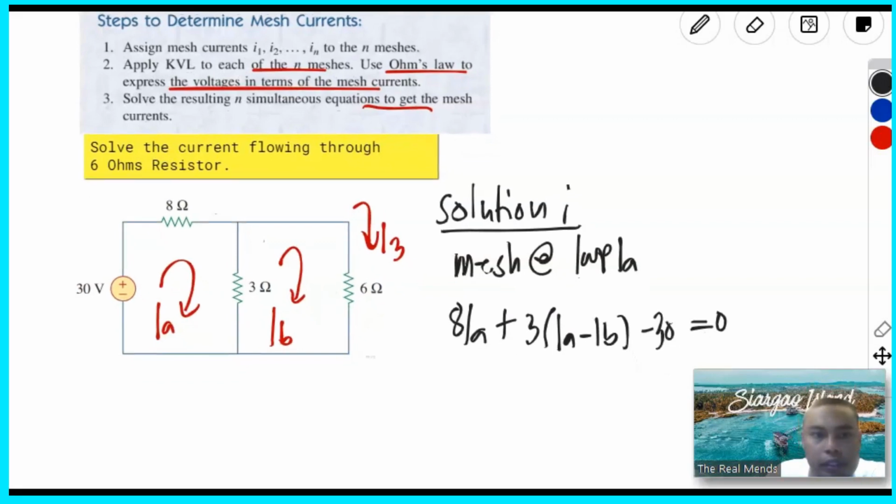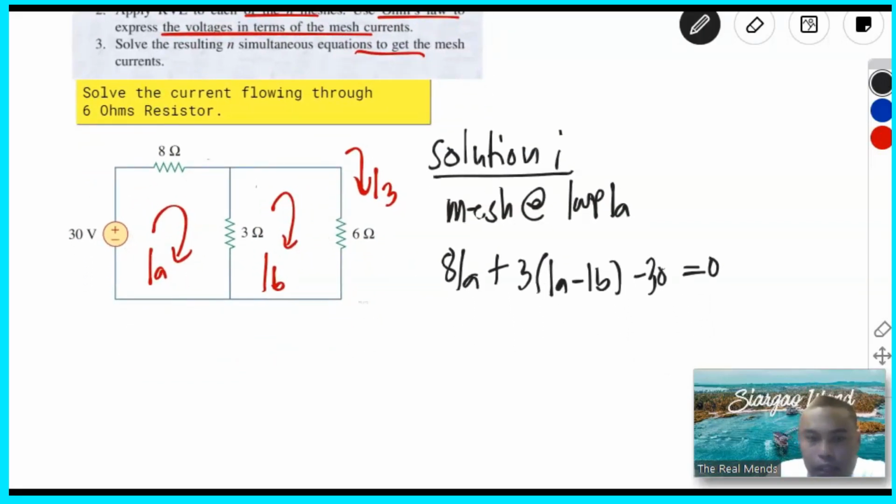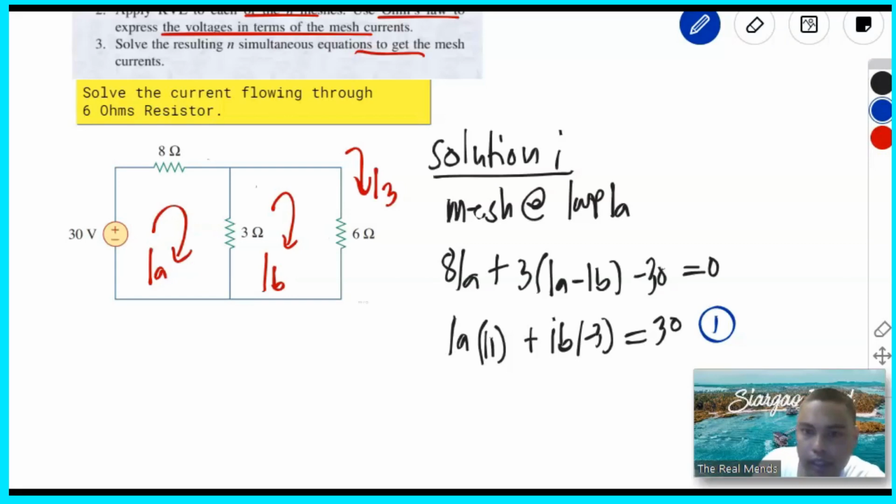So therefore, we can have an equation that our IA is, we have 8 plus 3, that's 11, and then plus IB, we have negative 3 is equals to 30, and then this is our equation number 1.